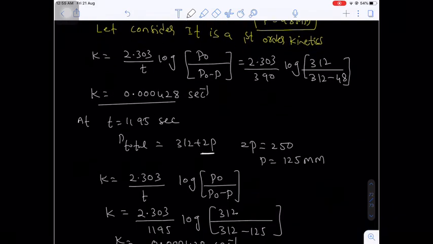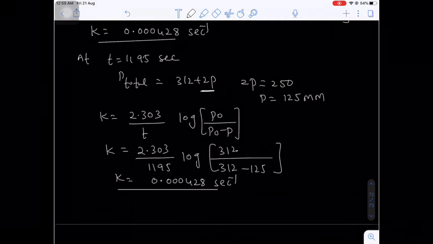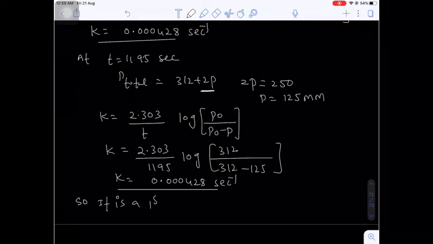At least 2 times if you get the k value same, then the reaction corresponds to that particular order of the reaction. In this case it is first order kinetics. Are you getting my point?